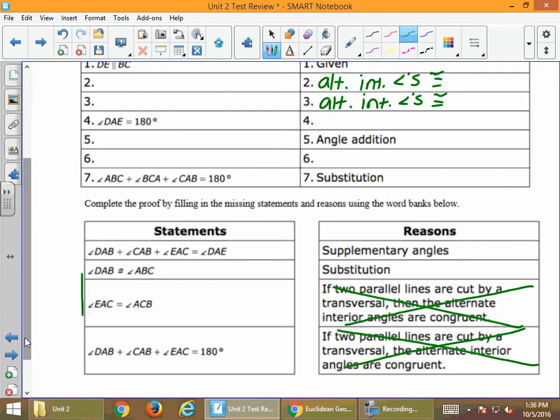Even if you have no idea what your alternate interior angles were, just looking at that with the first one, set to say angle DAB is congruent to angle ABC, and it doesn't matter. You could have written that in 2 and this one in 3. Does not matter.